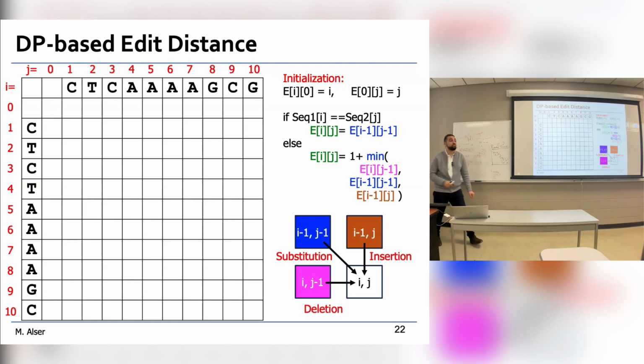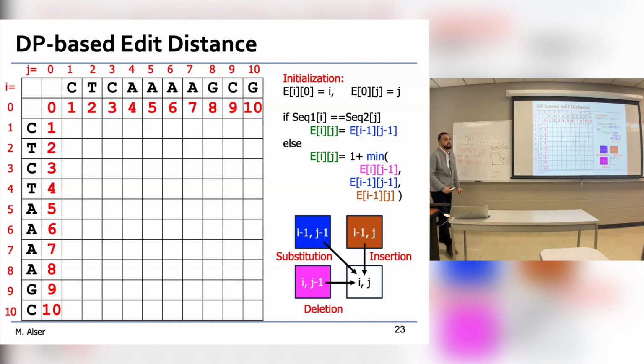Remember, anything in computer science should start with 0, not 1. Don't make the mistake of counting from 1. Both of them should start from 0, because 0 is a place in the memory. It's a storage location. And this is what we'll be doing for the initialization step. Just copy this column over here and the row over there.